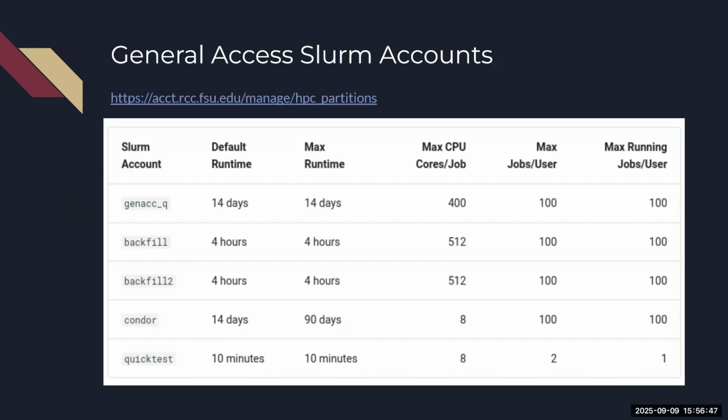Default runtime applies if you don't specify it either within Open On Demand or the command line interface. Max CPU cores per job is not necessarily per one node, it's just per the job itself. You're also limited by the number of jobs you can submit, and the number of jobs you can have running versus the ones you've submitted.